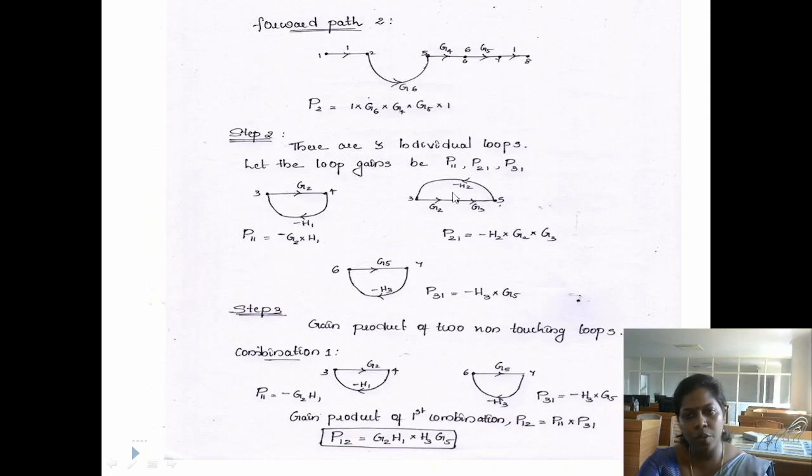For loop 2 we have the gain values G2, G3 and minus H2, so multiply all the gain values. For loop number 3 we have the gain values minus H3 and G5, then multiply minus H3 and G5 to get the overall gain value of loop 3. So this is step 2. And for step 3 we have to find the non-touching loop combinations.